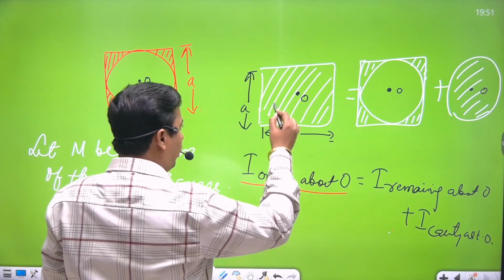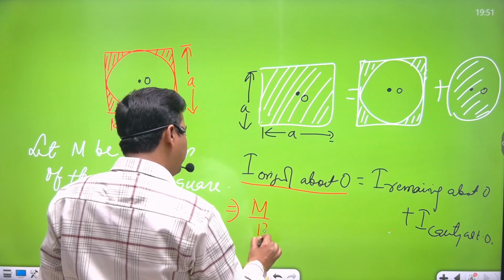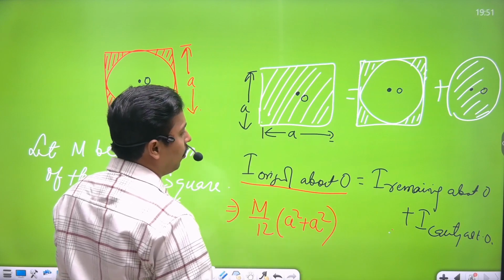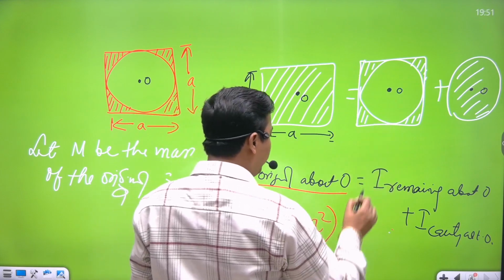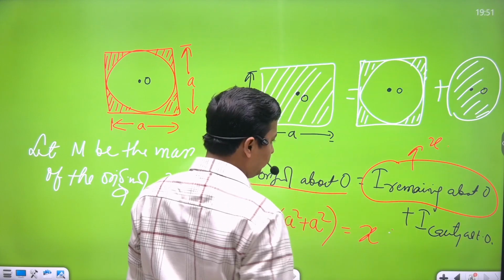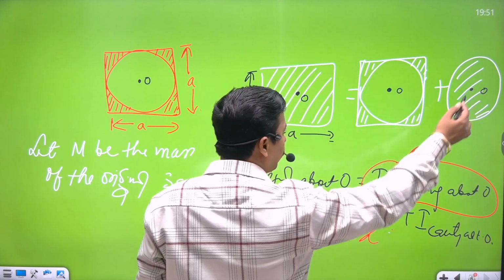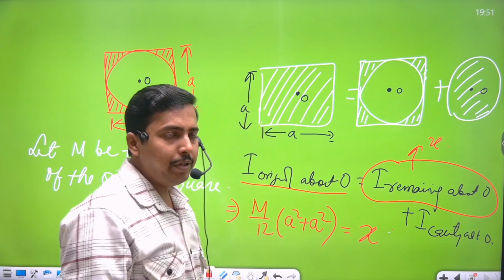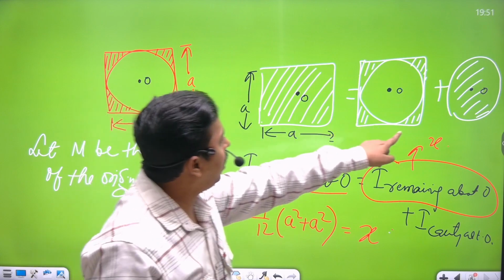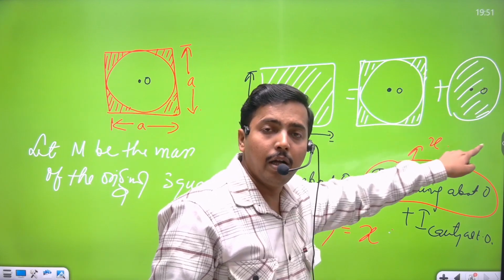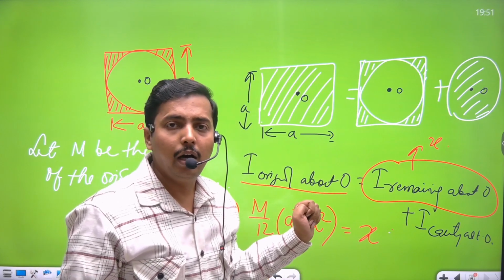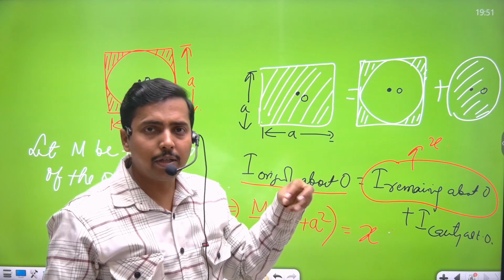I of original about O is m by 12 times a square plus a square. What is the I of remainder about point O? Let us suppose this is x. Now, I of cavity about O. The cavity is a circular disc, and for a circular disc you know the formula for ICM about its center of mass.